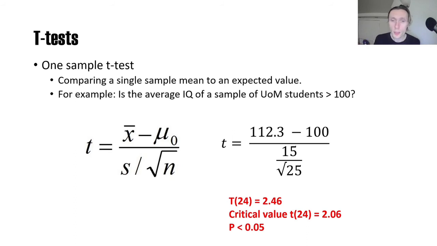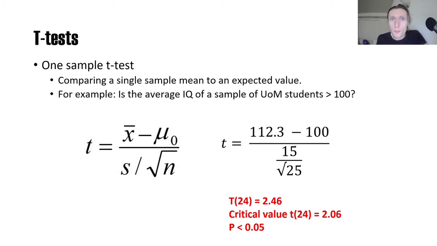But with the t-distribution, it depends a little bit on how many participants you have. The more participants you have, the closer it gets to the z-distribution. The fewer participants you have, the broader it is. In this case, we don't have an infinite amount of participants. We have only 25. So our t-distribution is a little bit broader, which means the critical value is 2.06.